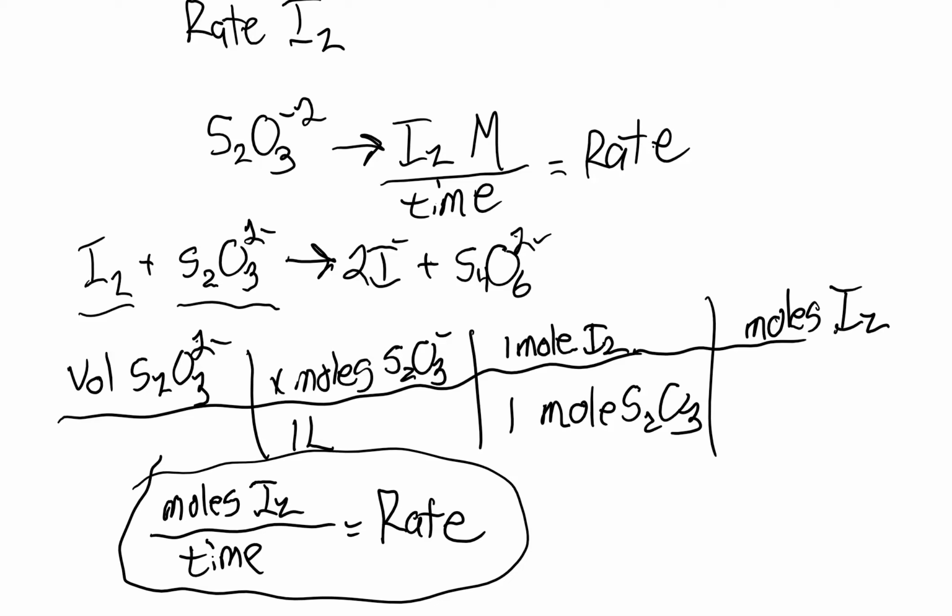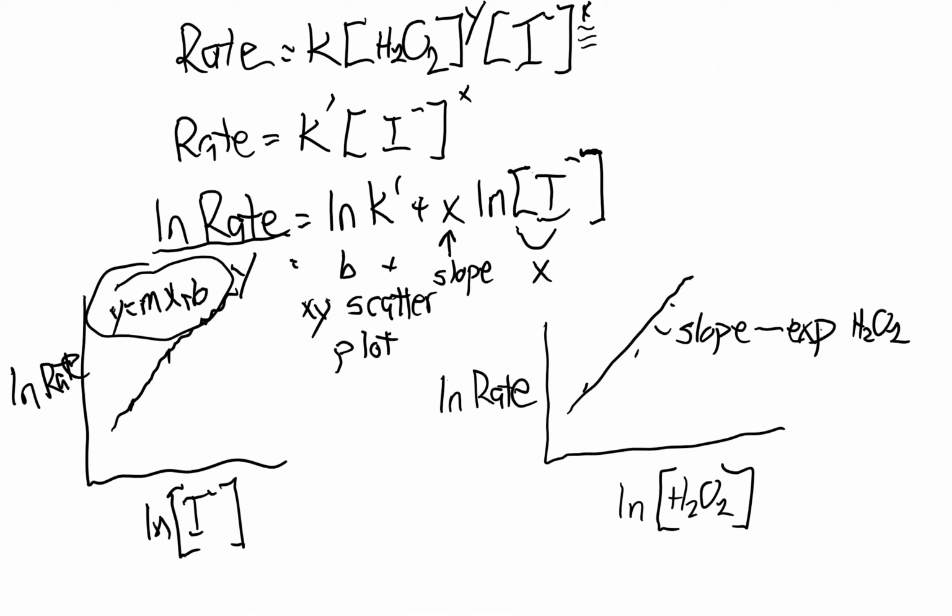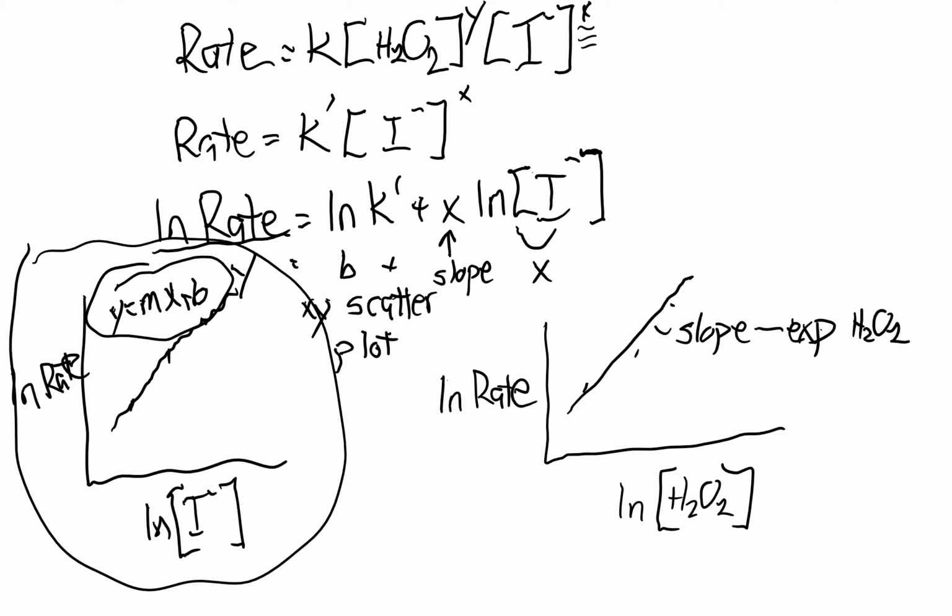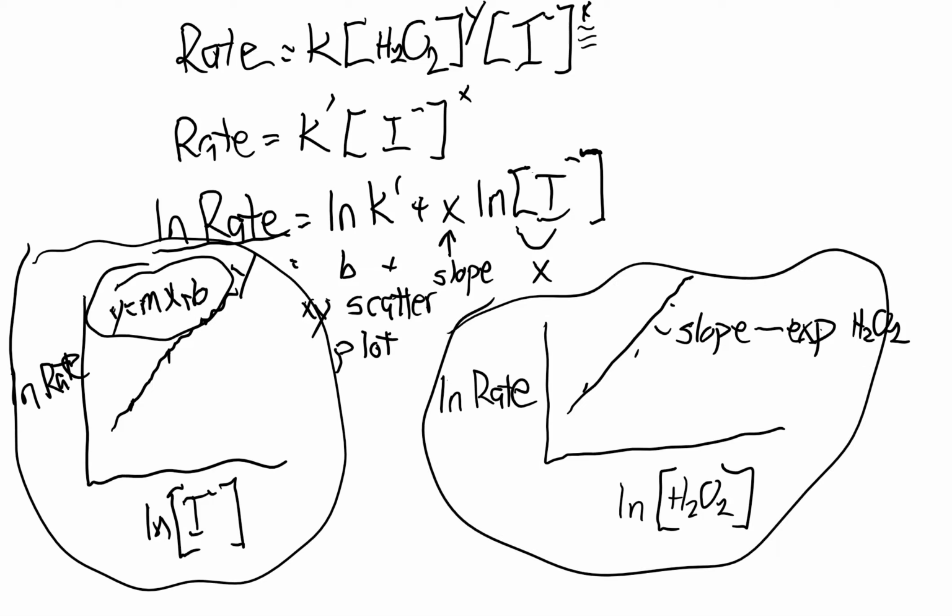So for part 1 of the experiment, you have to determine the rate for the 5 experiments, and then use those rates to plot the natural log of the concentration as a function of the natural log of the rate for both iodine and H2O2 or peroxide, so you can ultimately end up with your rate law. So you'll need your rate law in order to do the second part of the experiment, but hopefully this gives you a good position to start off with and a little bit of the background as to how to set things up to do this.